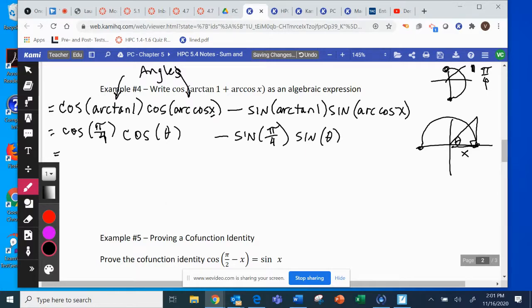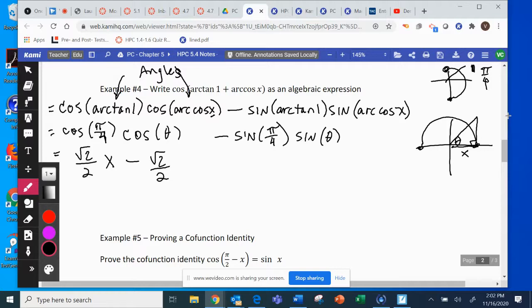Now let's do our next step, which is what is the cosine at pi over 4? Okay, what is the cosine at theta? So go look in our picture. What's cosine for that picture? x. Minus. What's the sine at pi over 4? And what's the sine at theta? The sine is not 1.